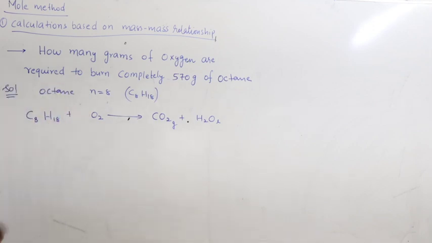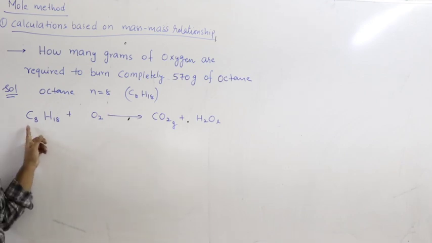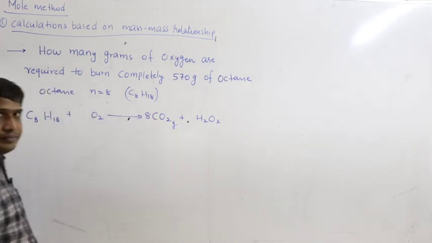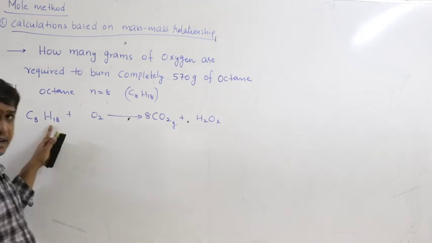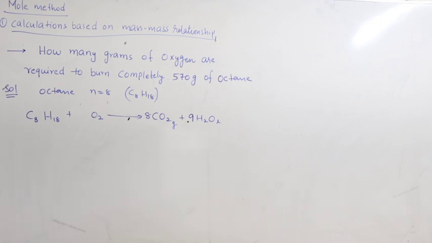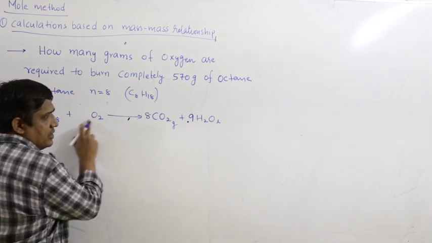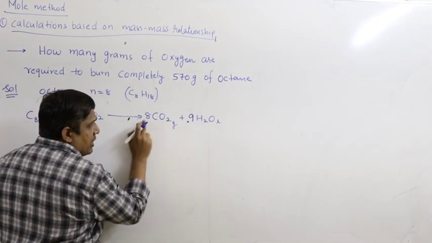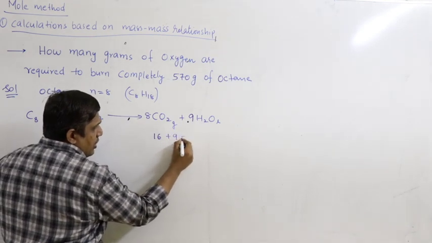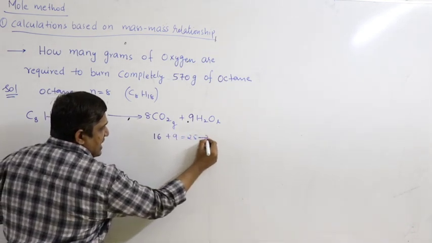Next, let us balance. So we have to take 1 mole. According to the definition, it is defined for 1 mole. How many carbon atoms are there? 8. So we have to take 8 moles here. Next, 18 hydrogens. So 9 moles. 9 into 2, 18. Now carbon is balanced, hydrogen is balanced. Then balance oxygen. First count the total number. 8 into 2, 16 oxygen atoms plus 9, total 25 oxygen atoms.